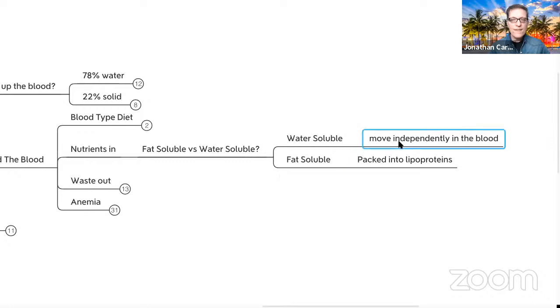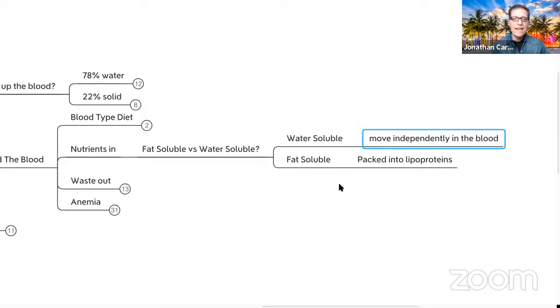Water-soluble things basically move independently in the blood. If you take anything soluble, like vitamin C, and put it in water, it will completely dissolve. But if you take, say, olive oil and pour it into water, you know it's not going to dissolve. It's going to float on the top in fat globules.